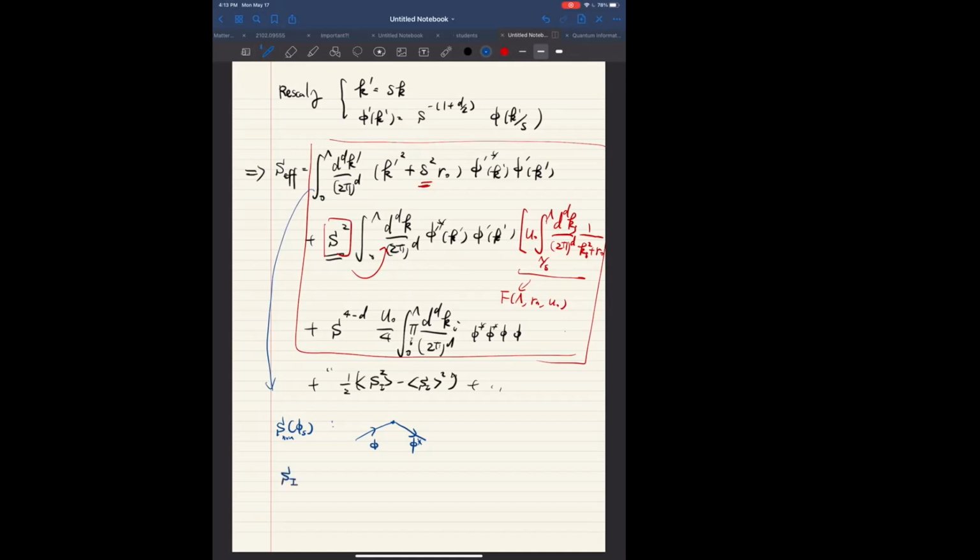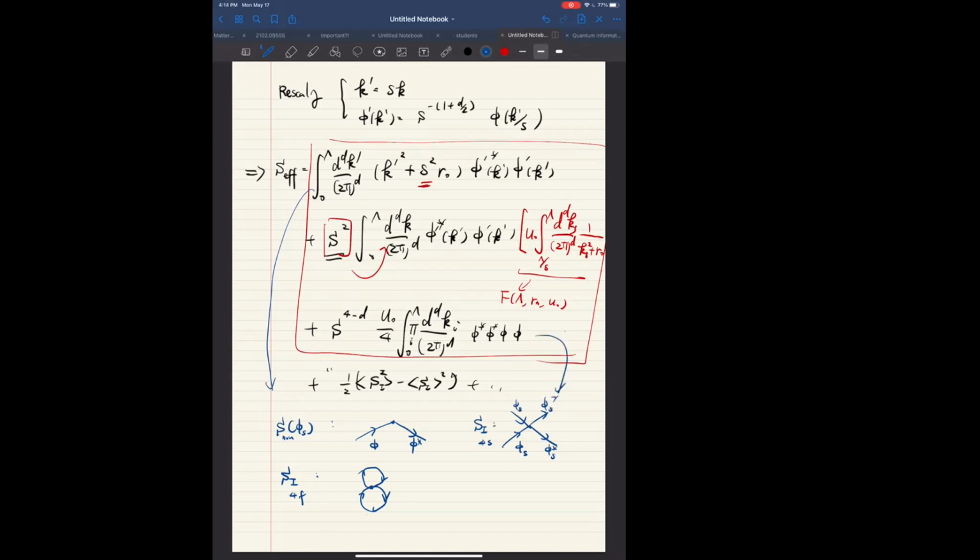And for the interaction one, I can have four fast fields, which give you a constant. So I have something like a bubble, and this gives you a number. I also have an interacting four slow one, so you have in, out, slow, which corresponds to this term.